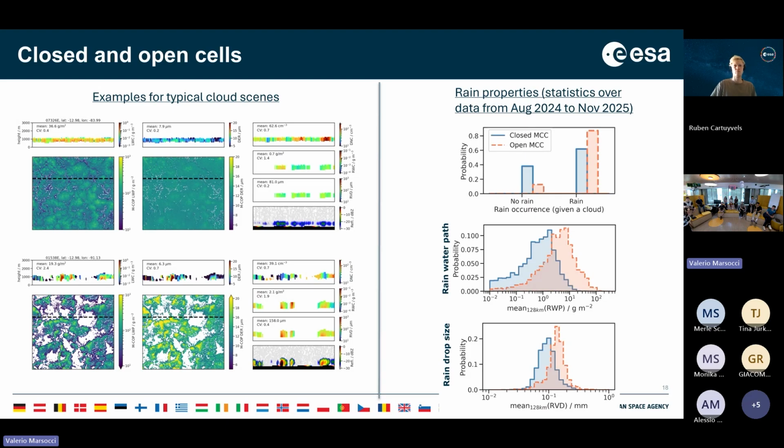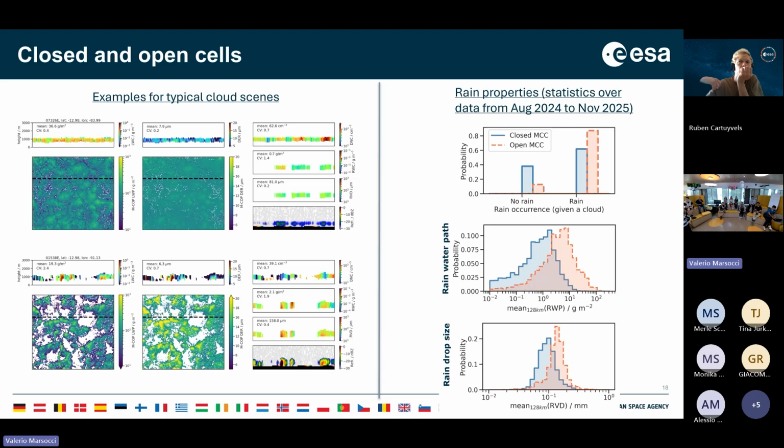However, this precipitation in closed cells is often very light drizzle, which is shown here in the rainwater path. Yeah, and I think this is due to the new very high sensitivity of EarthCARE, that we can detect even such low drizzle values.